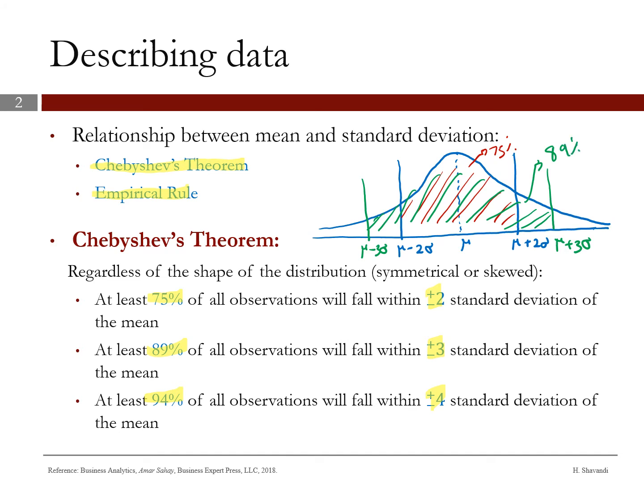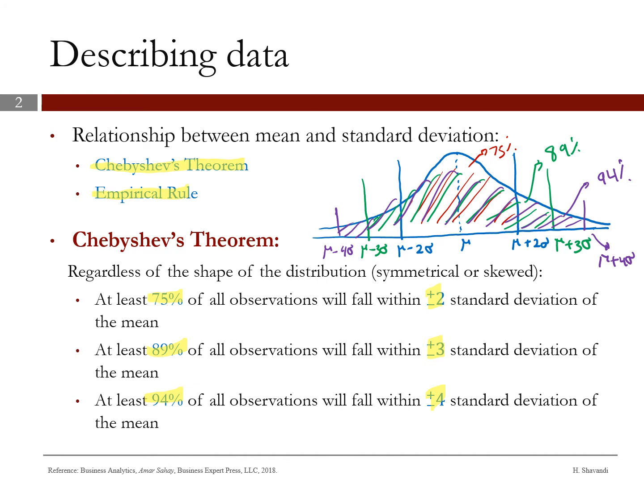And for 4 sigma, here for example mu minus 4 sigma, and here mu plus 4 sigma, the percentage of the observations within this range would be 94%.